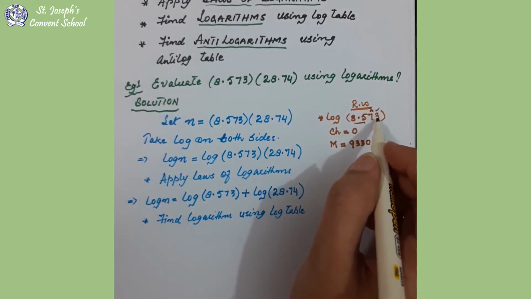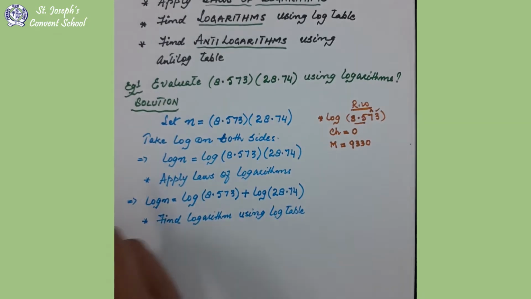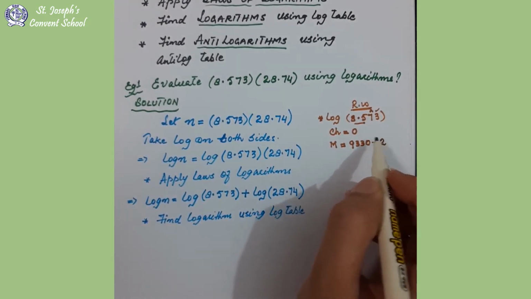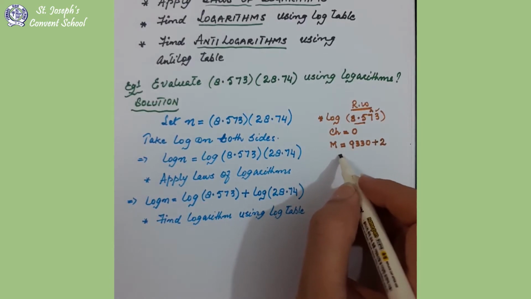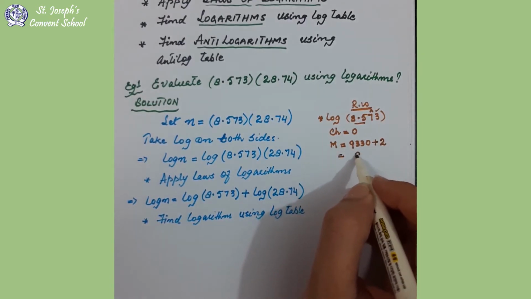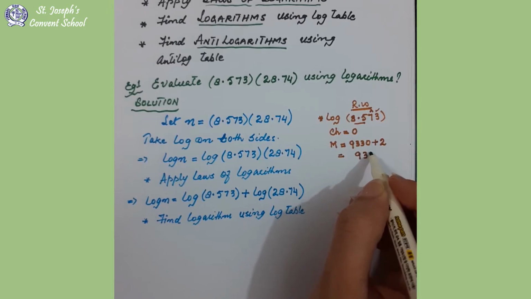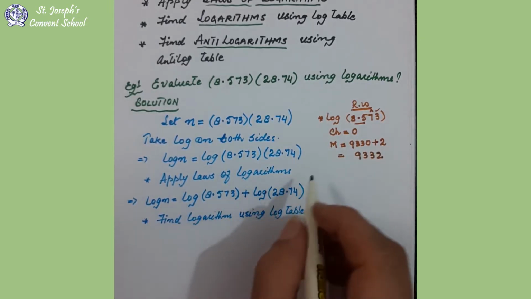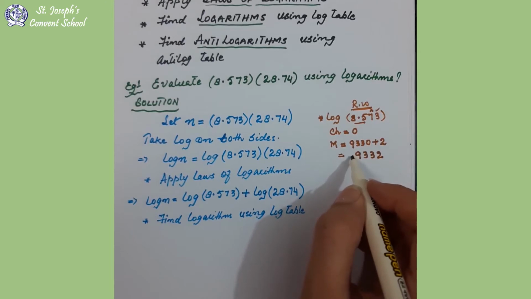The value of 3 in the mean difference column is 2, and you will add 2. Always add the mean difference. Okay, so after adding, this will become 9332, and after adding we put the decimal in the beginning.